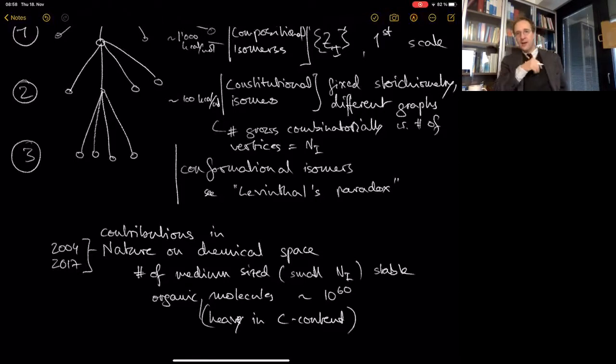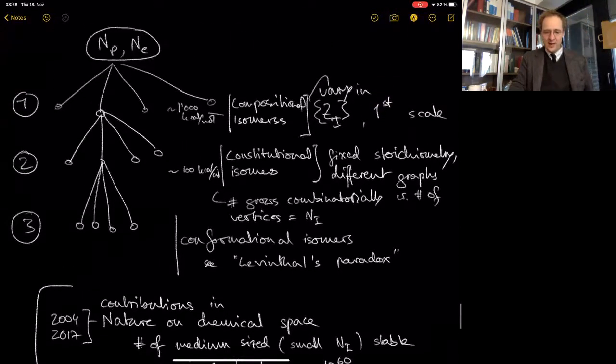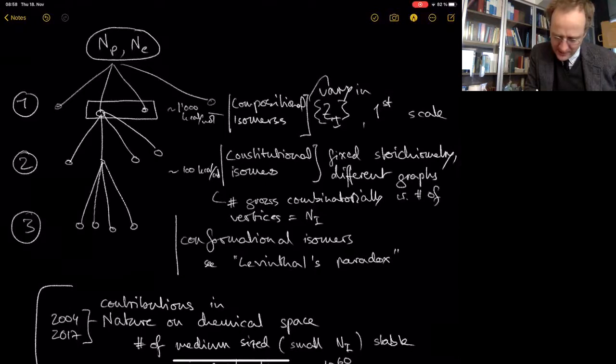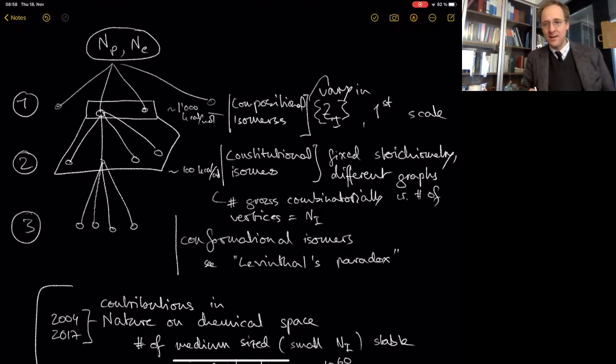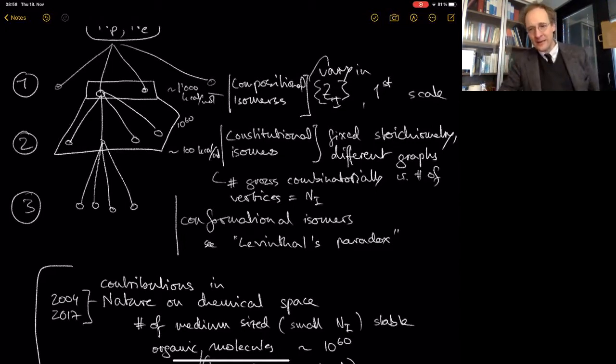Okay. So this guesstimate, right, corresponds basically to a small subset of stoichiometries and their graphs, right? This would be 10 to the 60, right? And all the other stoichiometries, all the conformers, all the other graphs of other stoichiometries have been ignored when putting out this number.